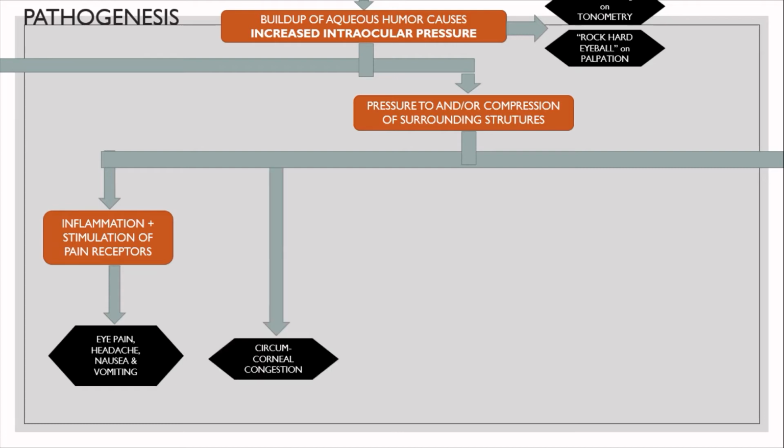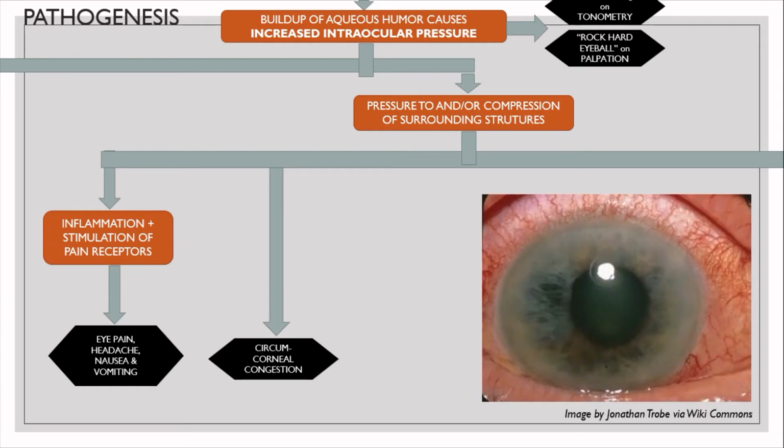There will also be circumcorneal congestion, so congestion of the blood vessels around the cornea, which can lead to a red eye. So our patient will have eye pain and present with a red eye, as illustrated.